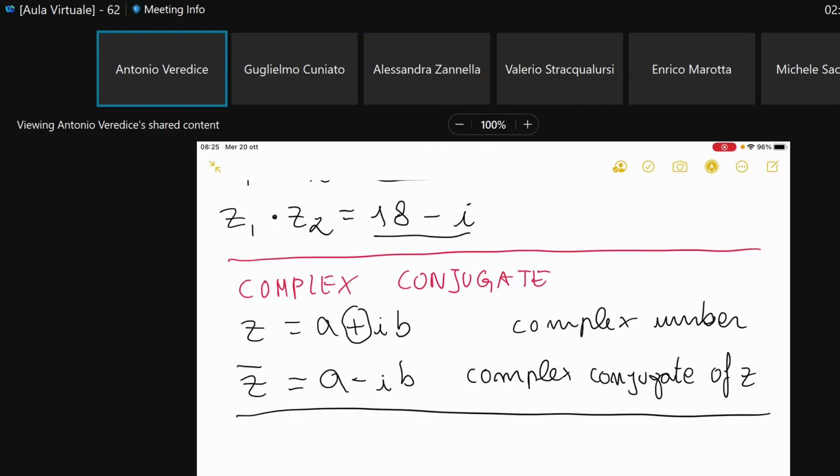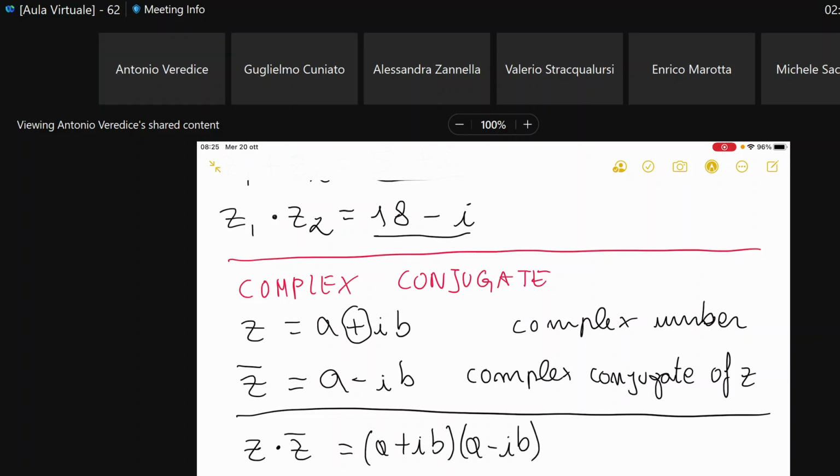One application is this one. If you multiply Z times Z conjugate, try it by yourself, what happens? A plus iB times A minus iB. So you have, as before, A squared, plus minus iAB, plus iAB, and minus i squared B squared.